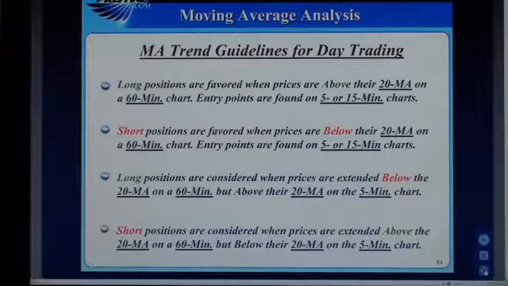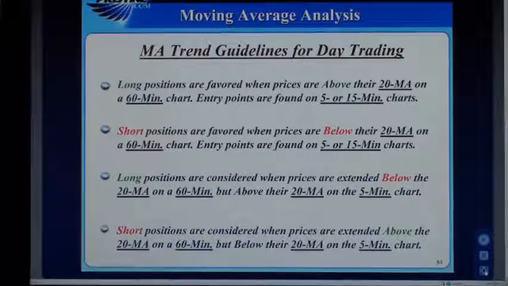Or in other words, the trend is down on the 60-minute chart, the longer time frame, and look for entry points on the 5 and the 15-minute chart. So we're looking for a longer time frame to give us our bias, the direction of the trend, and then looking for a smaller time frame where the patterns are in alignment with that longer time frame, suggesting a continuation of that longer term trend.